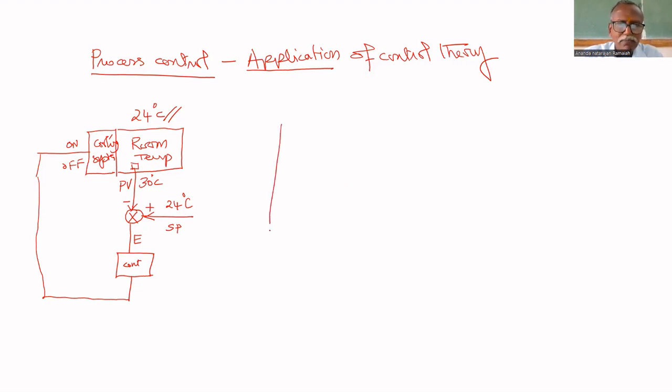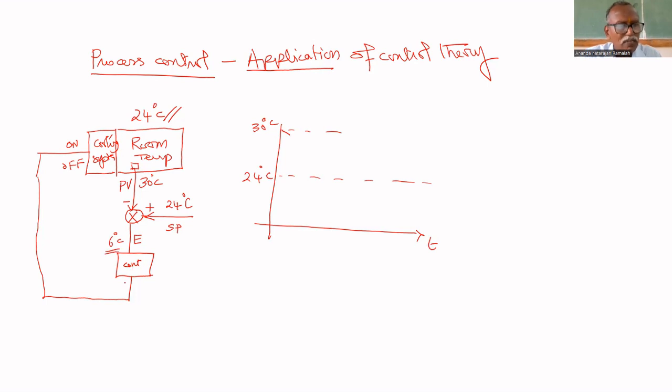So what will happen? Initially, it is at 30 degrees centigrade. You want to maintain at 24 degrees centigrade. This is time, so the temperature will decrease because it is compared. Initially the error is 6 degrees centigrade.